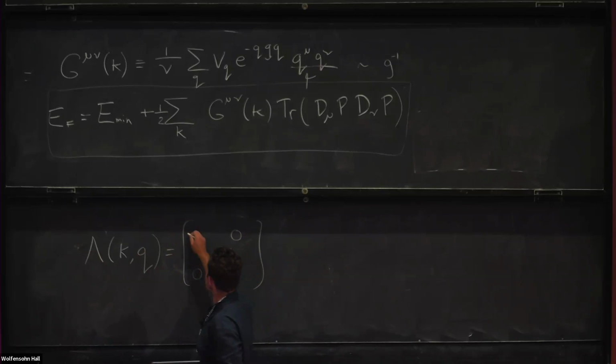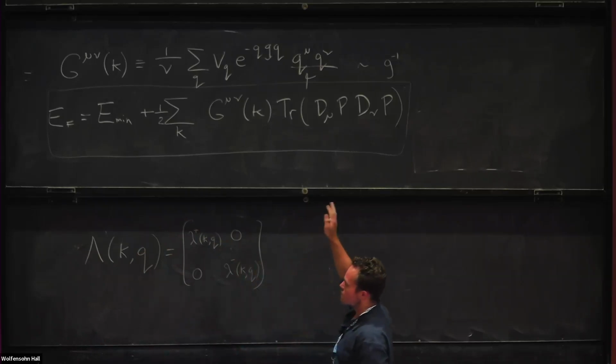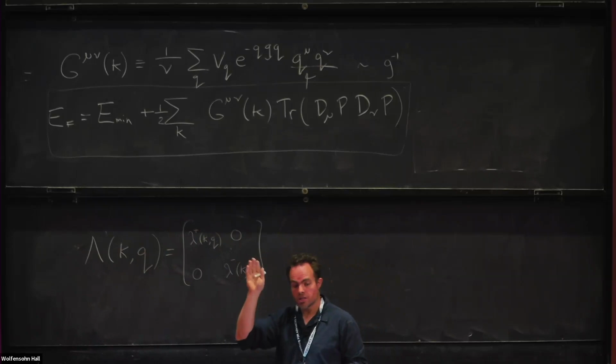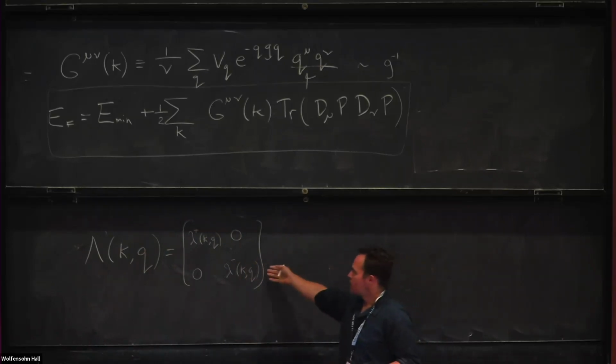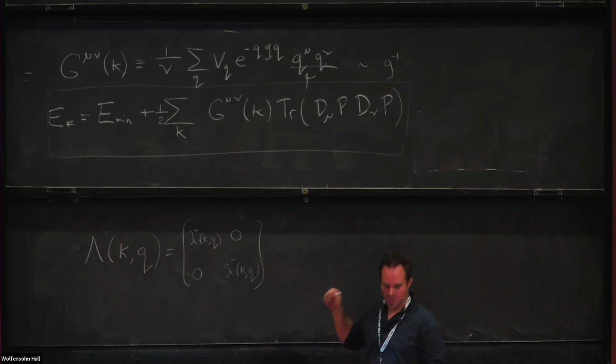So I can write it as some lambda plus KQ and lambda minus KQ. So diagonal is really nice because, when we were talking about the unitaries, I had to exponentiate the Berry connection. Now everything's going to be a diagonal matrix, so the exponentiation is going to be easy.